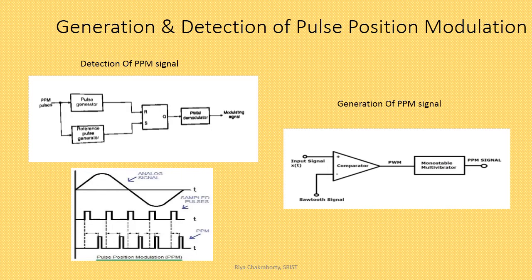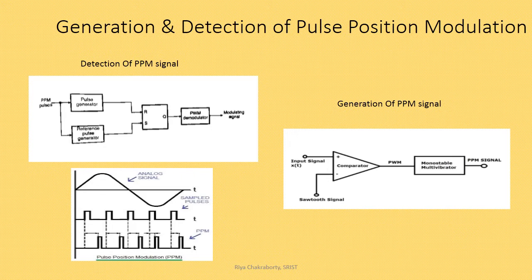A fixed period reference pulse is generated from the incoming PPM waveform and the SR flip-flop is set by the reference pulse. Due to the set and reset signals applied to the flip-flop, we get a PWM signal at its output. The PWM signal can be demodulated using the PWM demodulator.